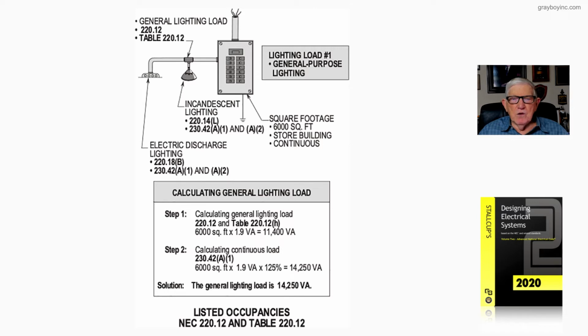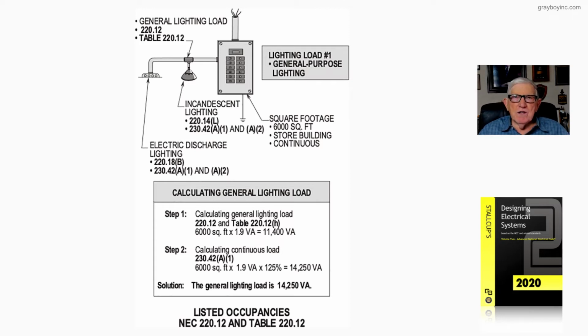But then 230.42(A)(1) in step 2 says you take 125%. Now, are we considering the 125% in the table already calculated, which would include the 230.42(A)(1)? This is what you have to look at.